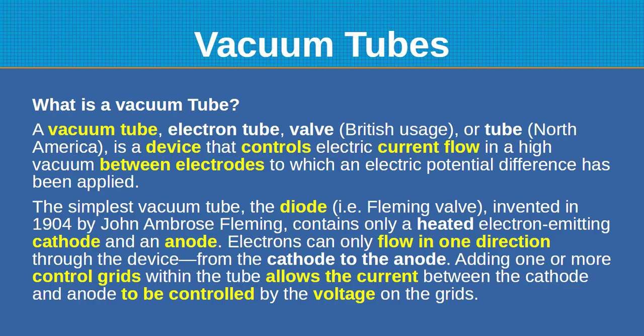The first vacuum tube or electron tube, or as it's called in Britain, valve, was done by, I forgot his first name, a guy by the name of Fleming, and it was called the Fleming valve, and it was a vacuum tube diode. And they discovered that by heating the cathode element to get it hot enough, it would emit electrons, like an electron cloud around that cathode.